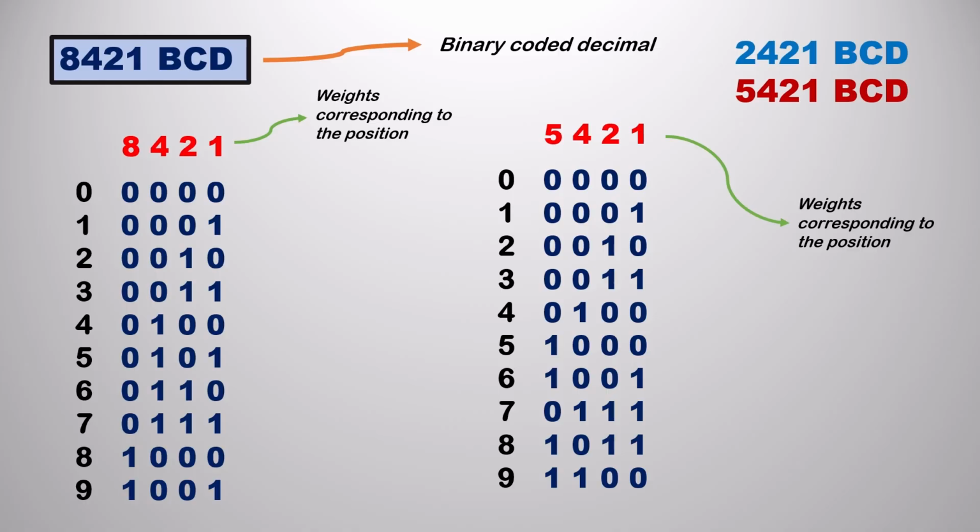If you see the first, 0, it is all zeros. For 9, you can add 5 plus 4. In the positions of 5 and 4 you place 1 and 1, and the remaining two positions you place zeros. So that is the code. Likewise you can check any of the codes. If you want 4, the 4 is available directly, place 1, remaining all zeros. So that's the simple representation, the 5421 notation of BCD, binary coded decimal.